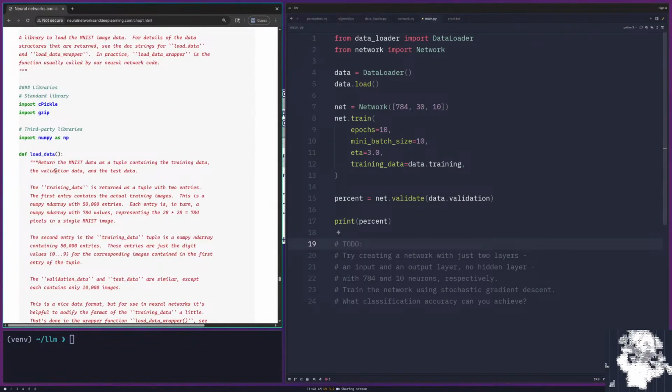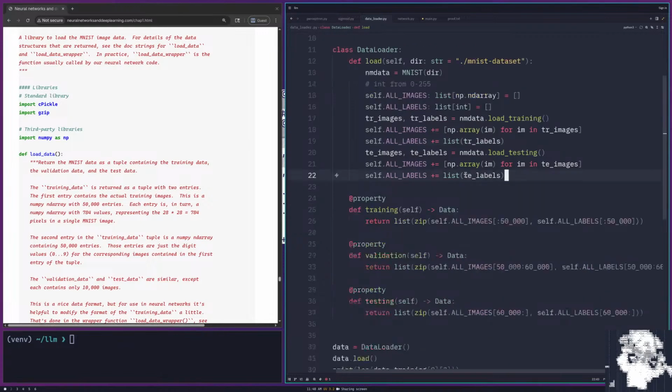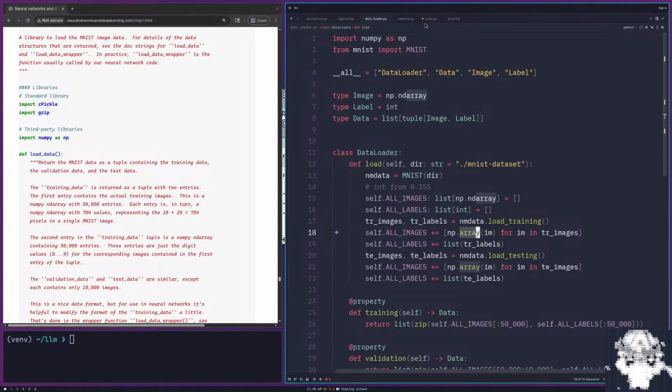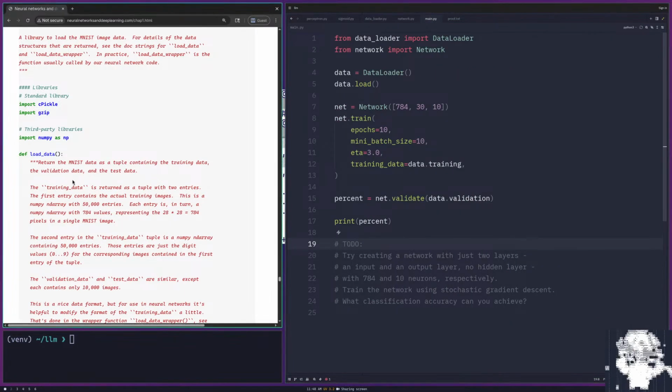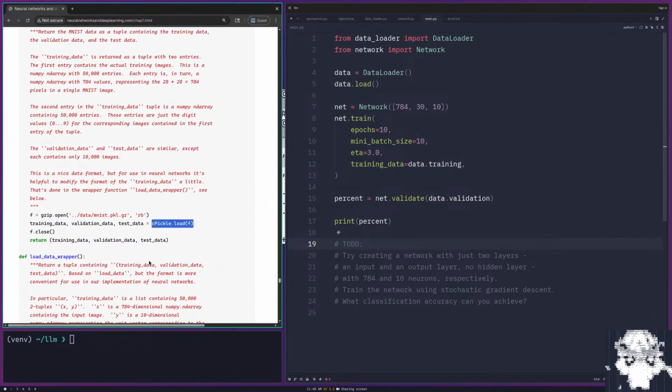Okay, so we kind of did this already, I mean, we're using a library that loads it for us. And then I'm changing it to be the right thing. Like I'm converting it to ndarrays, I'm zipping the lists. So I'm already doing some of this. Oh, you know what? I'm doing all of this, because they're also cheating, because they're just unpickling the test data.